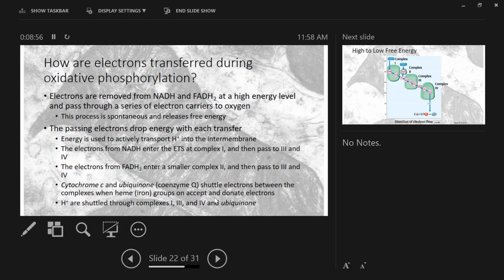But the hydrogen ions, you've got a problem. Ions cannot move through a lipid bilayer. So you're like, cool, we're using energy to actively transport hydrogen ions, but we still need a channel. And so what you find is that complexes 1, 3, and 4 are ion channels. And so we've got the energy to actively transport it, right? And where's that energy coming from?